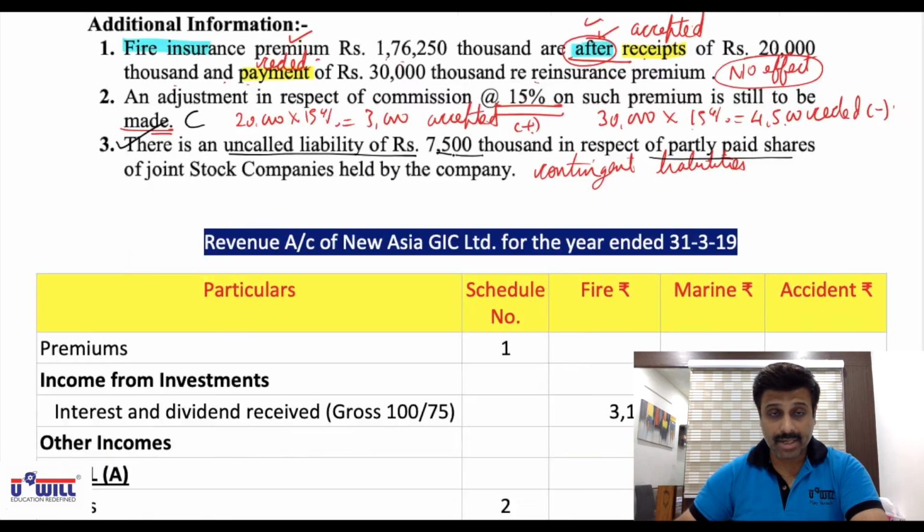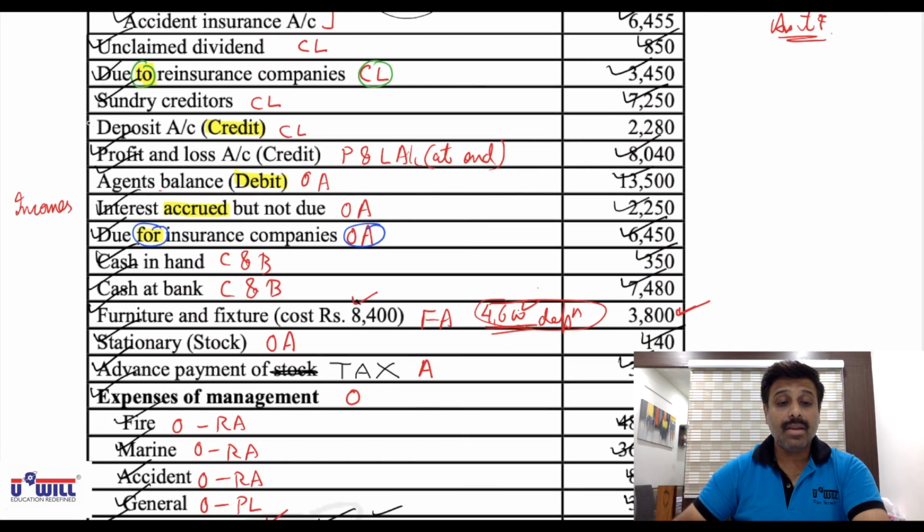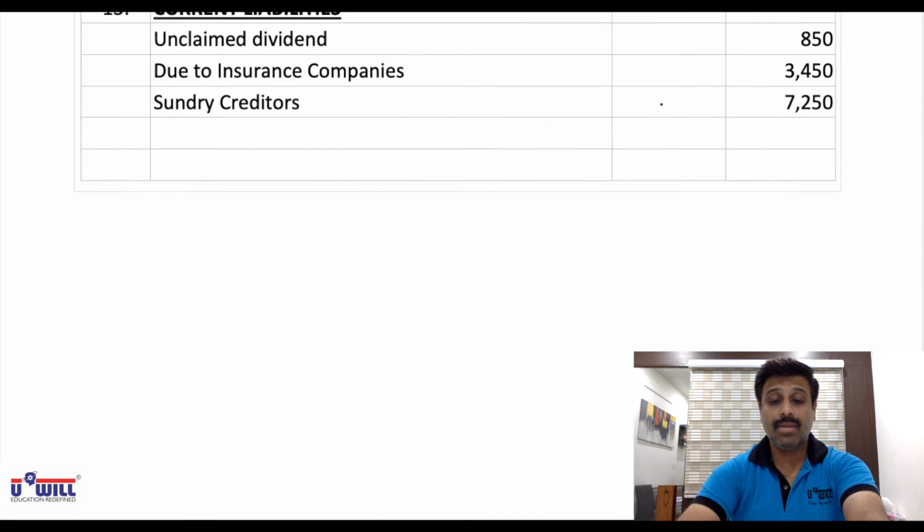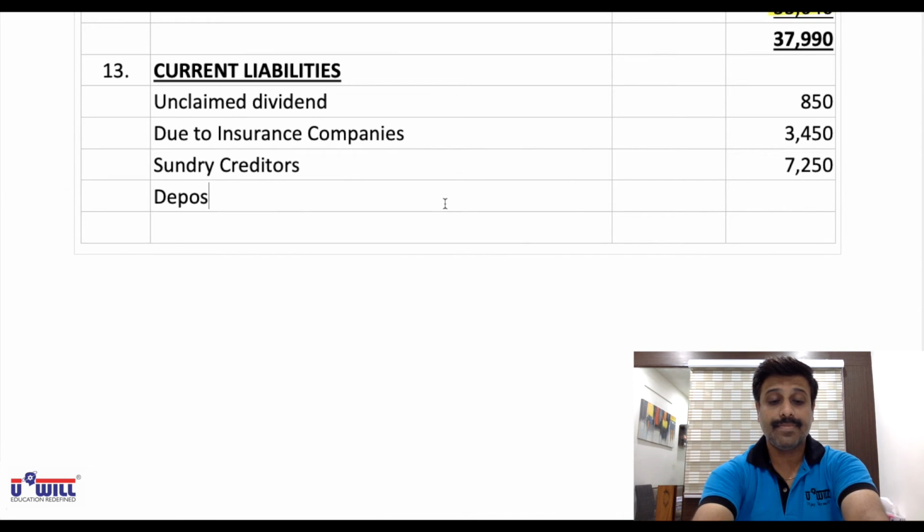Then deposit accounts credit balance 2280.